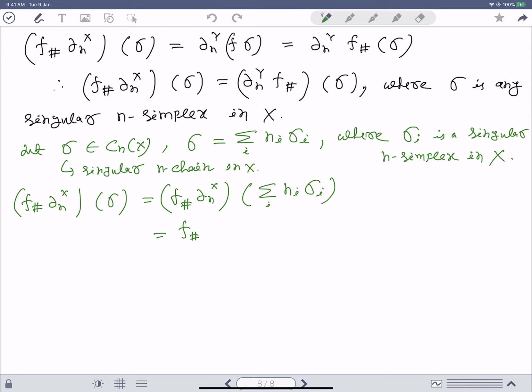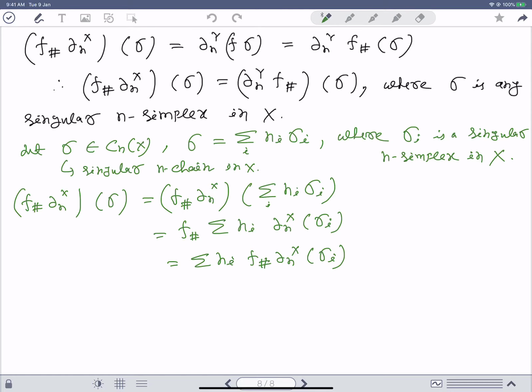Therefore it will be f hatch summation ni del n x sigma i. Now again we know that f hatch is a homomorphism, therefore again it will be summation ni f hatch del n x sigma i.